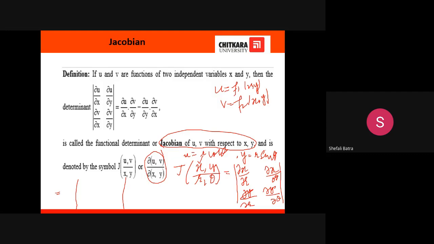Partial derivative of x with respect to r, keeping theta constant. Anyone? Partial derivative of x with respect to r, keeping theta constant. So what would it be? Cos theta. Yes, it is cos theta.